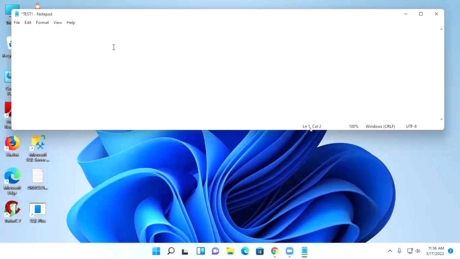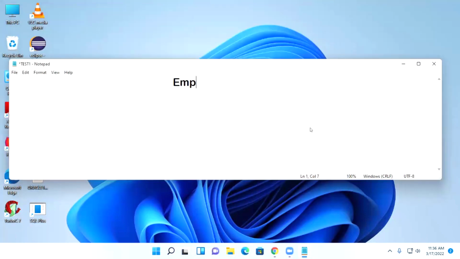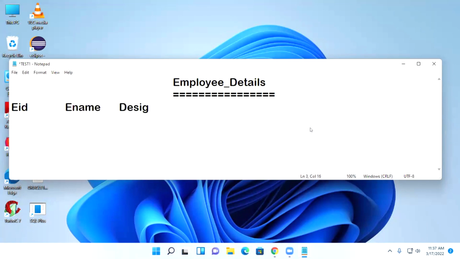Let me come out and see. So my information is employee details. Some information I'm storing into this file. My employee ID number, that's called EID, simply taken. Next I have to take ename. Next a designation.